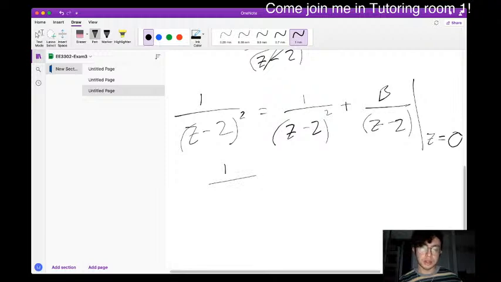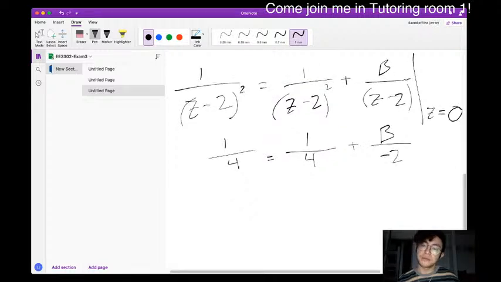So we get negative 2 squared, which is 1 over 4. So let me write that, 1 over 4. And that's 1 over negative 2 squared again, so we get 4, plus b over z minus 2, so 0 minus 2, so minus 2. And now we can just solve for b.